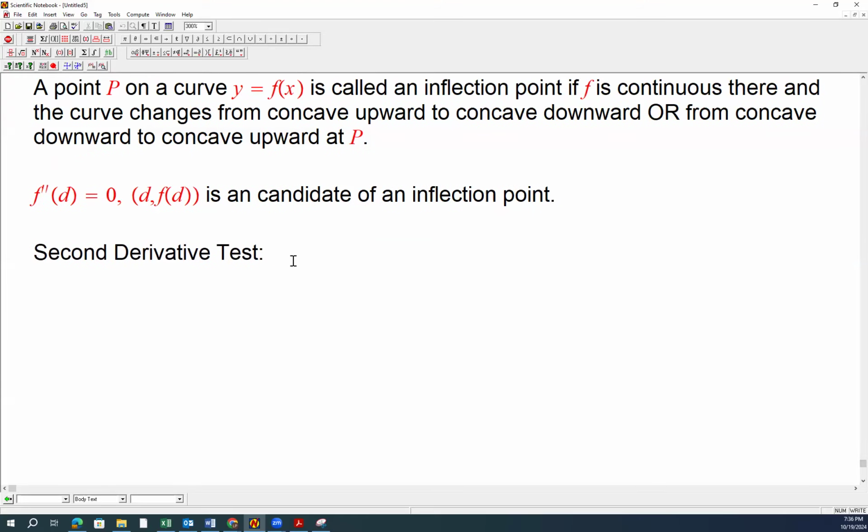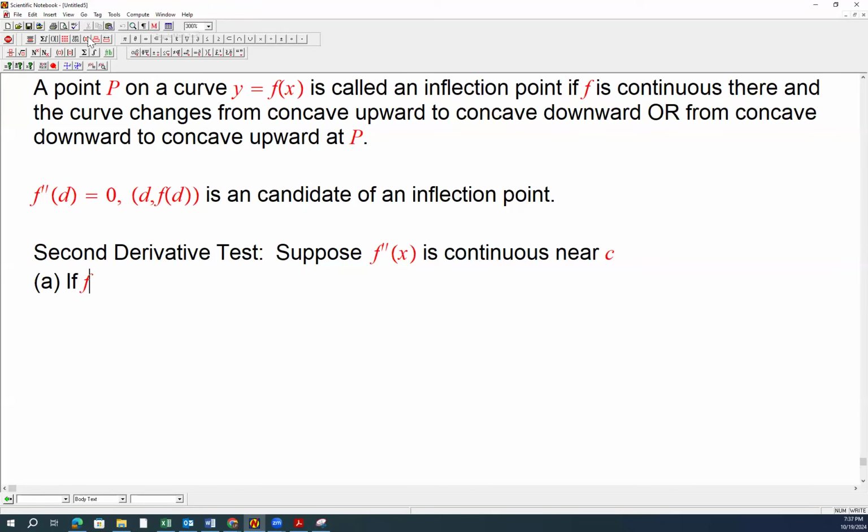First, we suppose the second order derivative exists, so f double prime is continuous near c, near the critical number. C is a critical number. Two conditions must be satisfied.